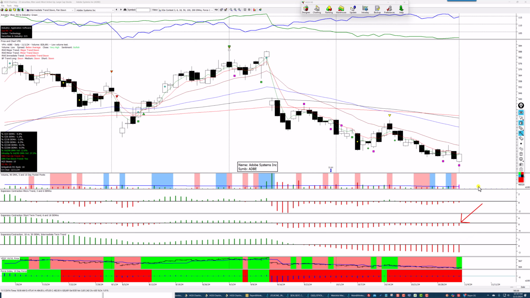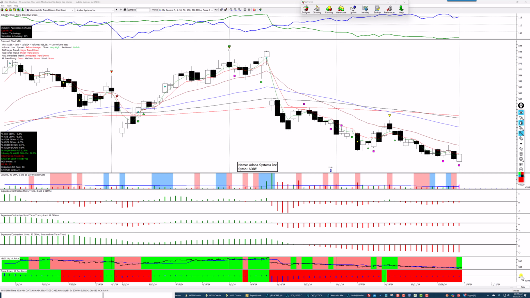Look at the volume compared to the 90-day, and it's showing low volume test. But the fan is down: 200, 100, 50, and 18. So this stock was about 580, 585, and we're currently looking at 560.88, it looks like.